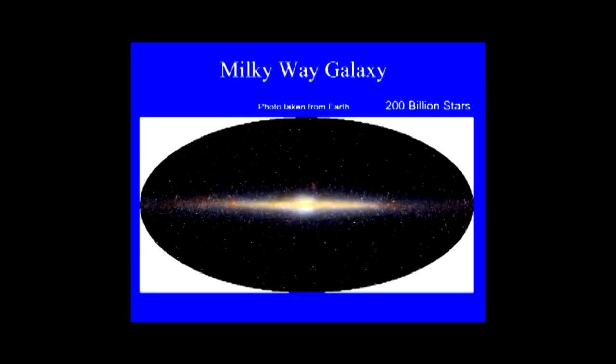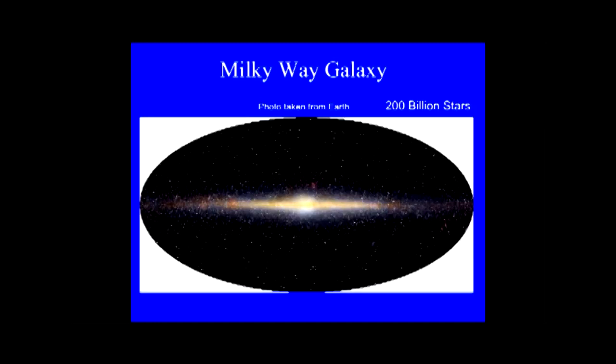It's just one planetary system of billions, hundreds of billions, within our Milky Way galaxy of stars. 200 billion stars. This is an actual photograph of our Milky Way galaxy from the inside. There's a center, and there's a flattened, ooh, that reminds me of our solar system, a flattened distribution of stars.